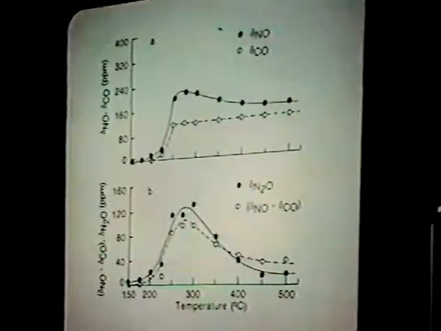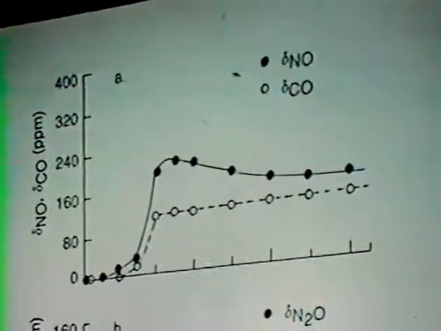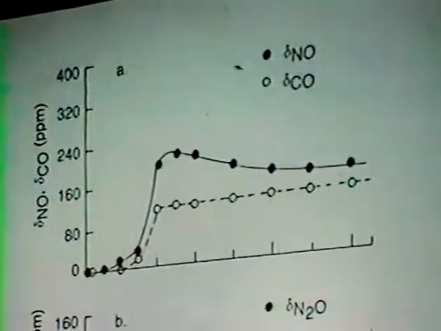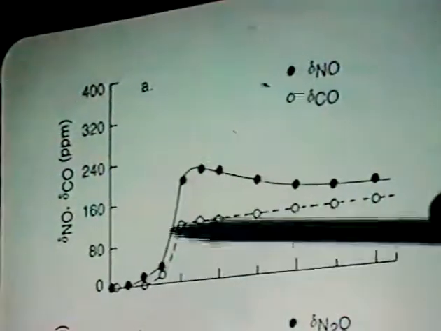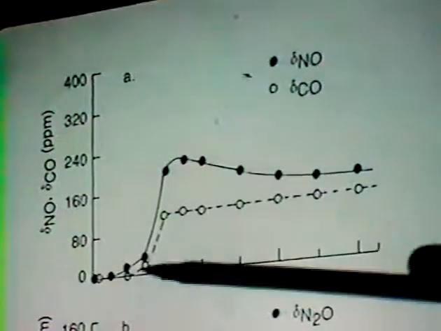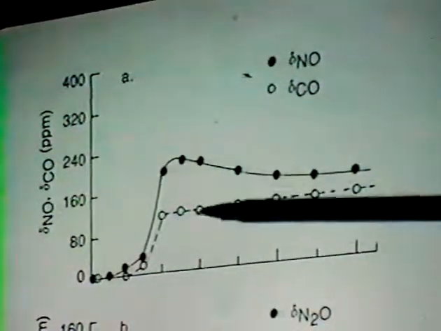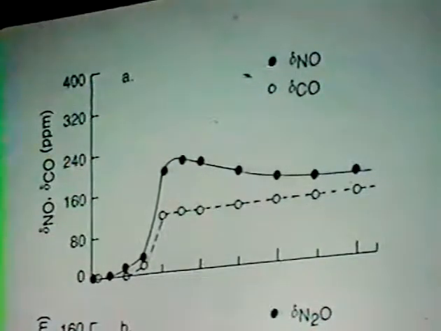And to check the validity of that incomplete reduction pathway, we examined it like this. In the upper part here, we note the amount of nitric oxide reacted during the reaction and the amount of carbon monoxide reacted, and we have discrepancies. They have to be the same if the reaction pathway is 1-to-1.